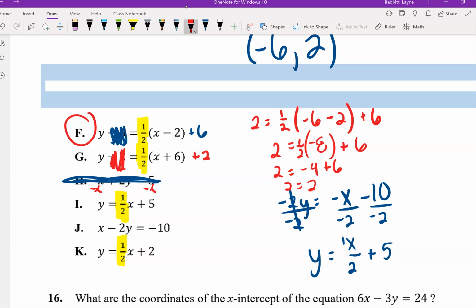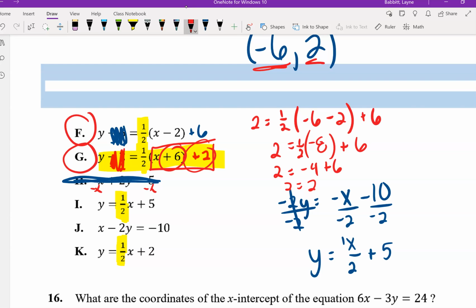And then the next one. This is in HK form. And to see what point this would be, we do opposite of this, same as this. Opposite of 6 is negative 6. And then the same as 2. So this does contain the point negative 6, 2. So that's good. Now let's try I. And remember, I and J ended up being the same line.